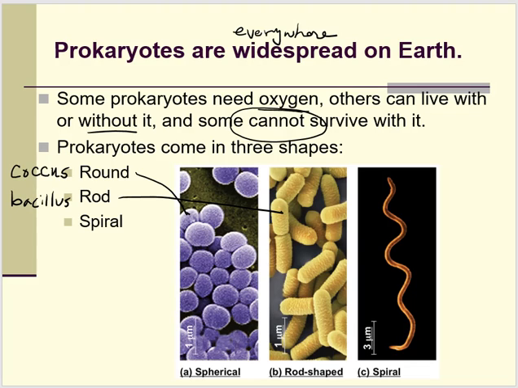E. coli is a rod-shaped bacteria. The last one is spiral. You can see why. It almost looks like a little worm. Those are spirilla. So you've got coccus, bacillus, and spirilla as your 3 shapes that these organisms come in. We identify a lot by the shape.